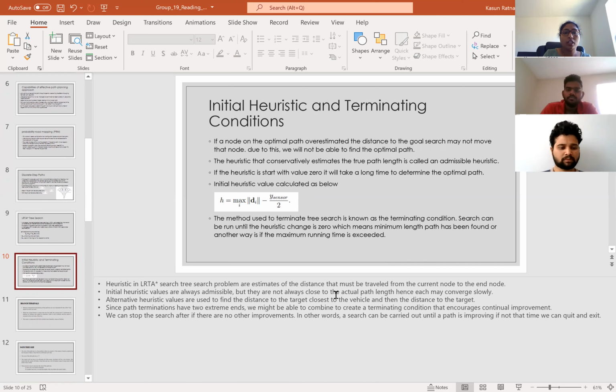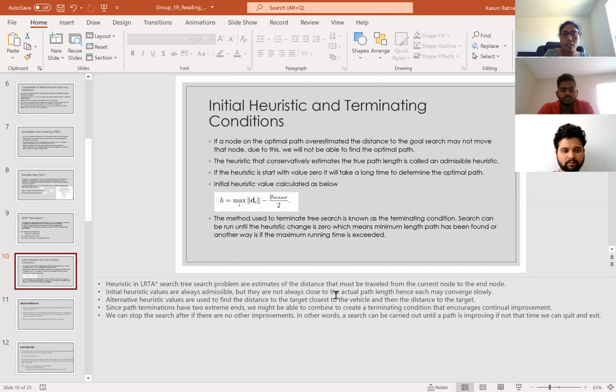The initial heuristic values are always admissible, but they are not always close to the actual path length. Hence, they may converge slowly. So alternative heuristic values are used to find the distance to the target close to the vehicle, and then the distance from that place to the target.